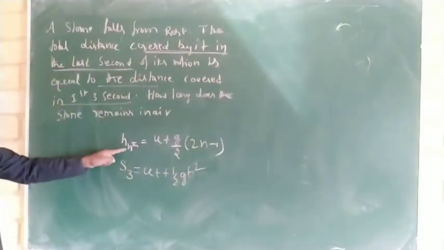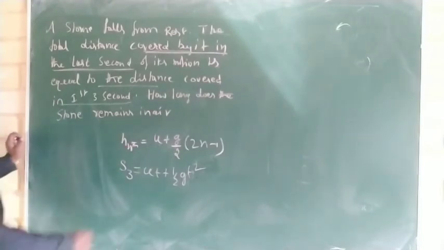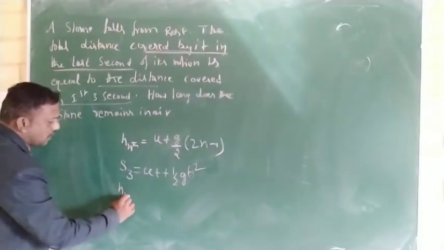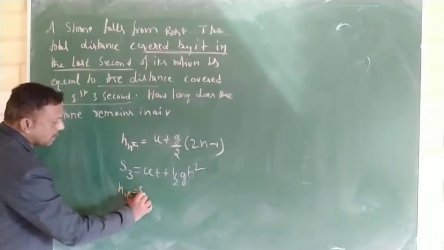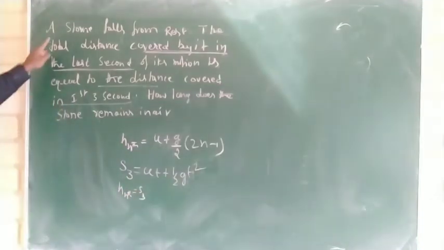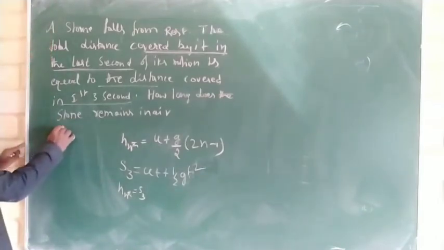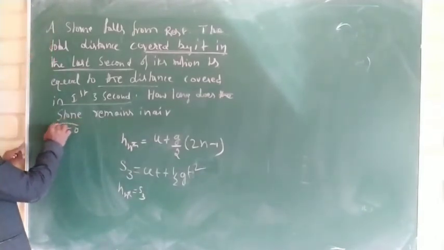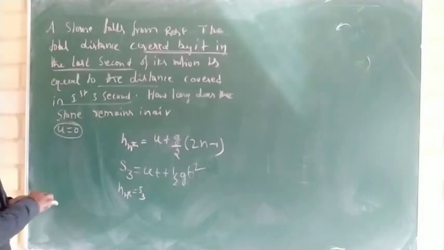According to the condition, h nth is equal to S3. The stone falls from rest, which means u is equal to 0.